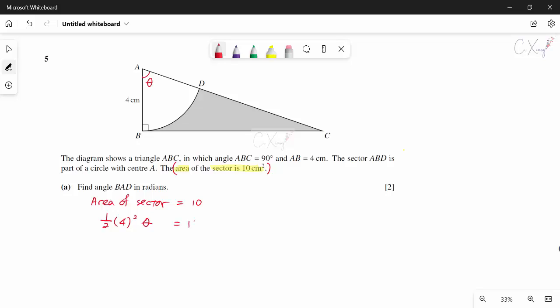So it equals 10. From here, very easily you will get the answer for the theta, which is 10 divided by 8, and you'll get 1.25. So we can mention that the angle BAD is actually equal to 1.25 radians.